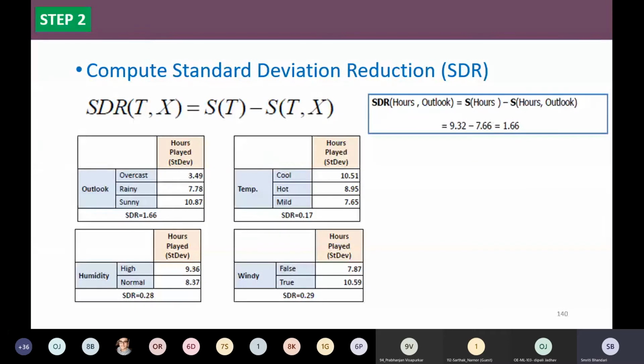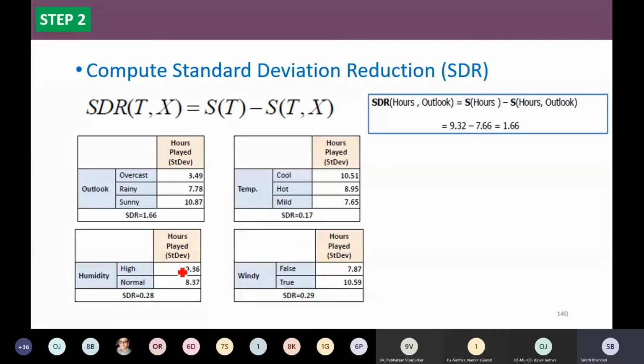Here I have shown these different tables. For outlook, as I stated in the earlier slide, we computed these standard deviations. Similarly, for attribute temperature, we have computed these values as the standard deviation.